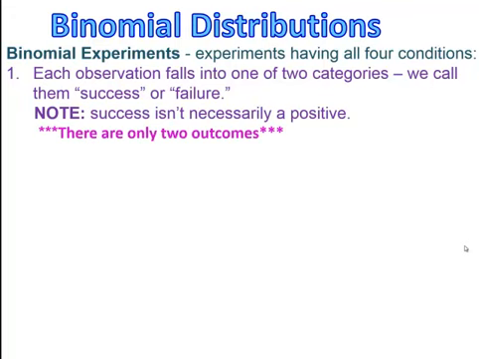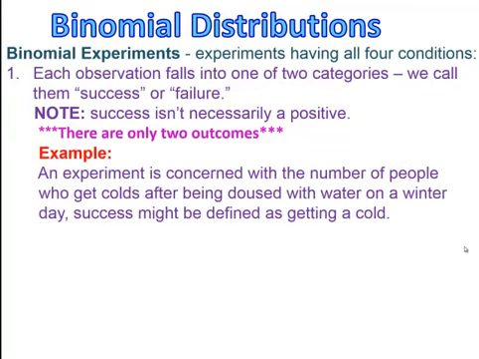I just want to emphasize that in order for us to have a binomial experiment, it only has two possible outcomes. So in this example, we have an experiment concerned with the number of people who get colds after being doused with water on a winter day.